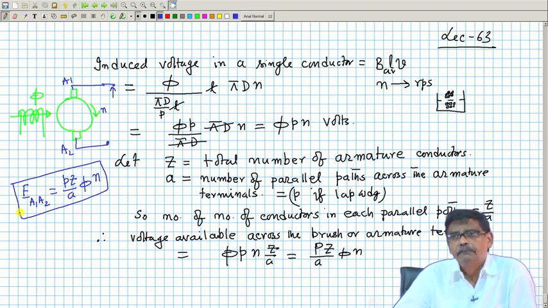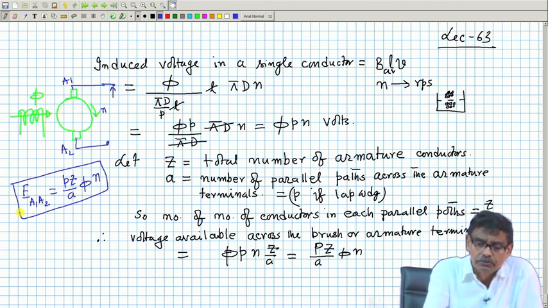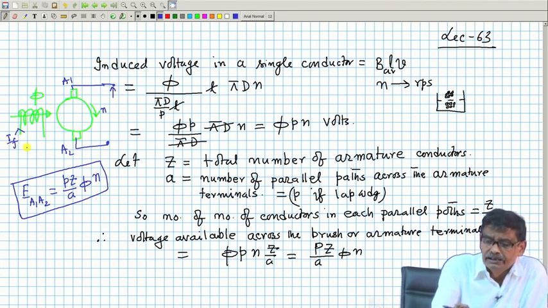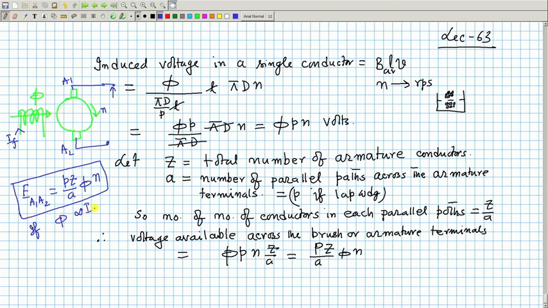And sometimes if the field circuit is assumed to be linear, then this phi can be related to IF by a linear relationship, and we say okay, here the induced voltage will be, if phi is proportional to IF, which will be at least in the linear zone of the BH curve, then the generated voltage A1 A2 can be also, see, Pz by A is a constant of the machine.